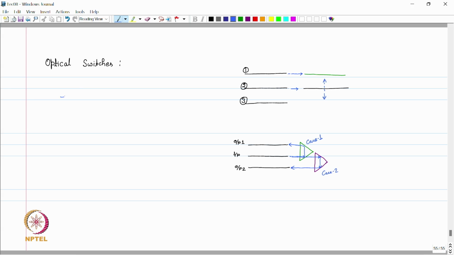Another point we need to note is we need to use lenses. Lenses are necessary with this approach to avoid excessive loss of light.